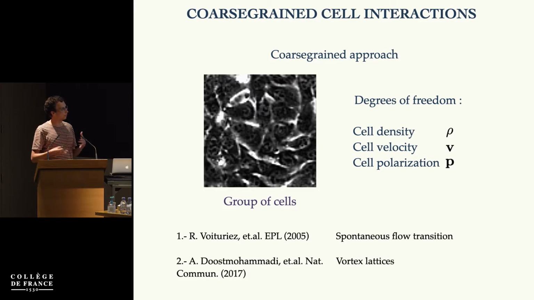I cannot name all of these examples, but I would like to stress that this theory has also made predictions. And these are two examples that I know so far. One is the spontaneous flow transition by Raphael Voituriez, and the other is vortex lattices by Amin Doostmohammadi. And if you know other examples or you disagree with these ones, I would be happy to discuss. So, okay.